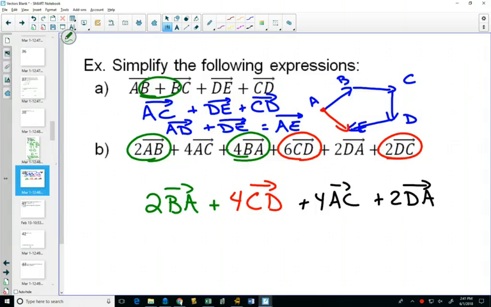Do we have any letters that would match up in the middle? Which ones? We have the 4 CD and the 4 AC. The C's would match in the middle.